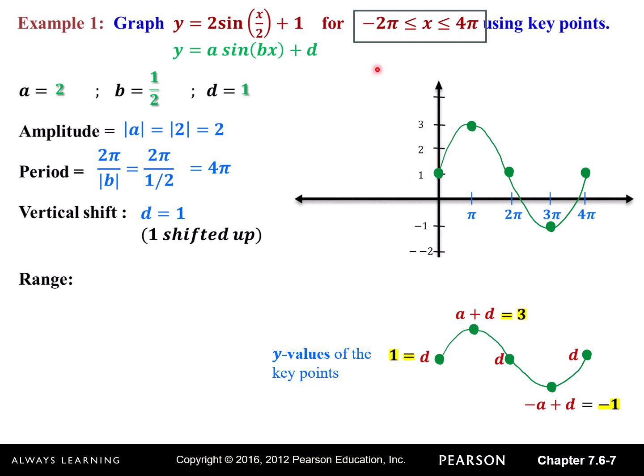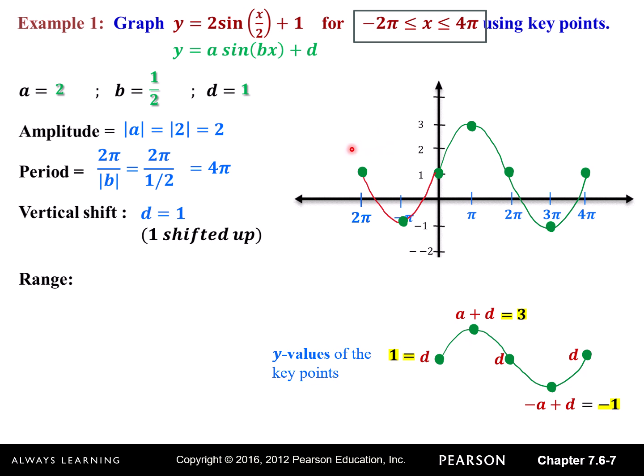We can see that negative 2 pi to 0 is only half of this period. So we will graph on the left side, negative pi and negative 2 pi. We would just follow this graph. We will just copy this part on this side, like that. So this is now the graph of this sine function from negative 2 pi to 4 pi.